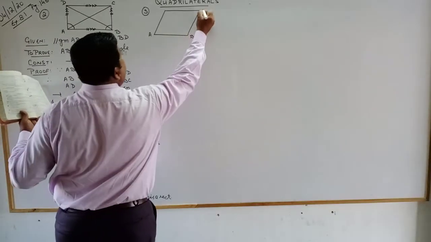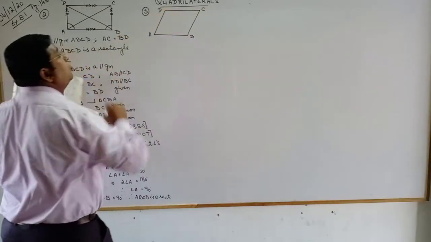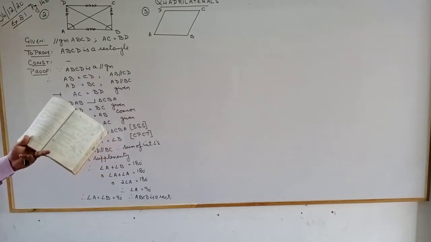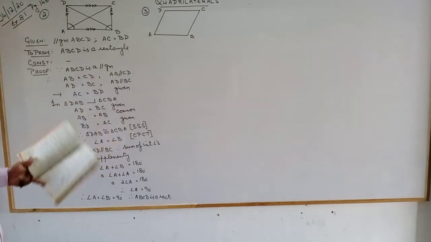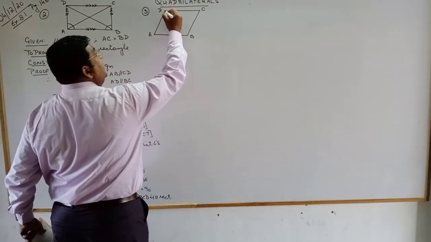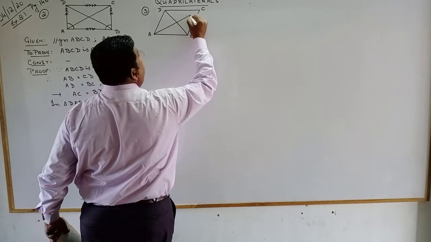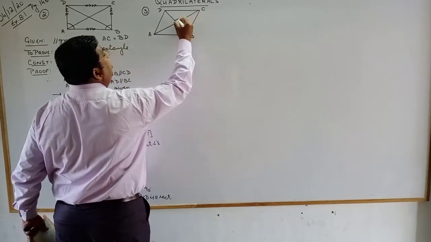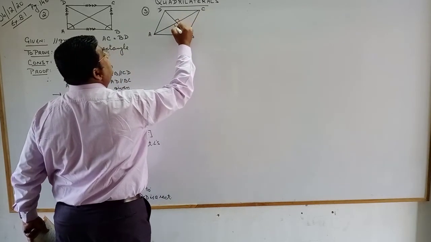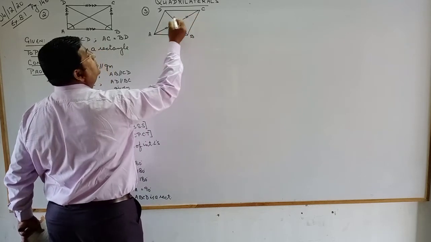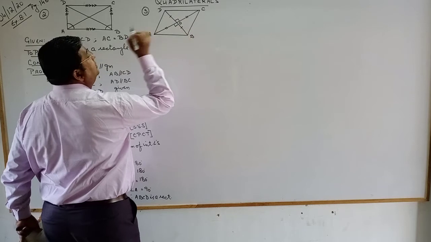ABCD is a quadrilateral. No specific quadrilateral name is given. He says if the diagonals of a quadrilateral bisect each other at right angles, these are the diagonals, 1 and 2, and they bisect each other at 90 degrees. AO is equal to CO, BO is equal to DO.